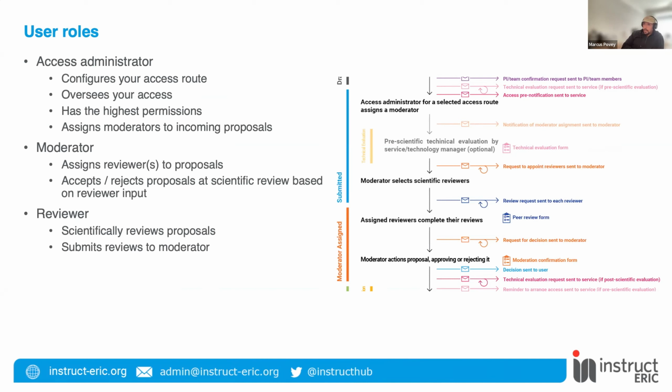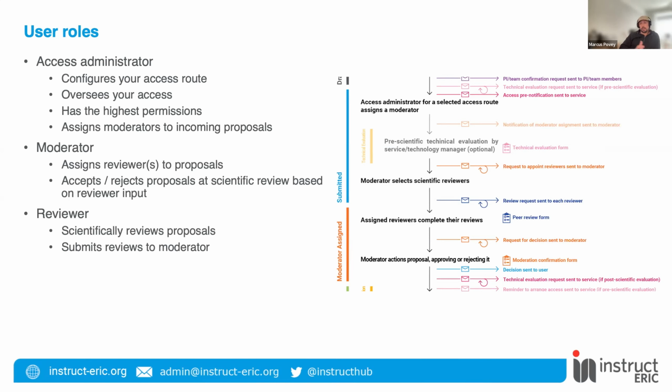Moderators are there to manage the review process, and they're the ones who finally action a proposal, say thumbs up or thumbs down, and they assign the reviewers who are used for scientific review. And then the reviewer, one or more reviewers are always assigned to a proposal, and they submit their review through a customizable form.